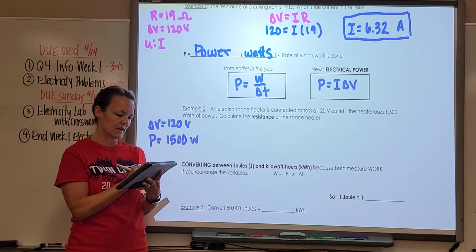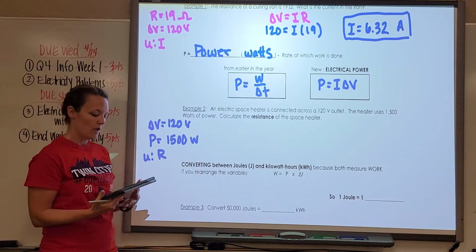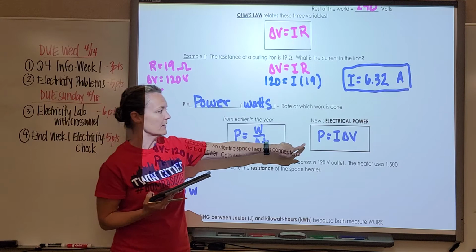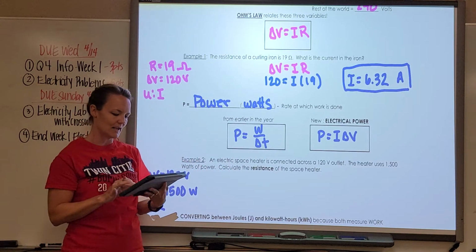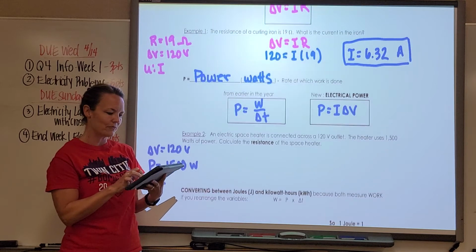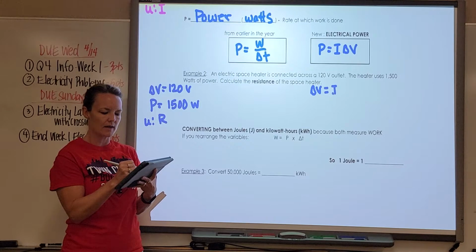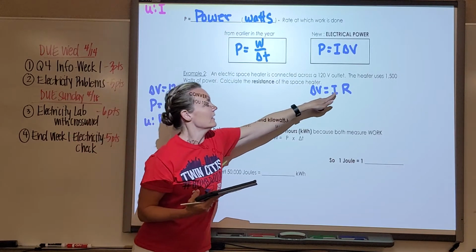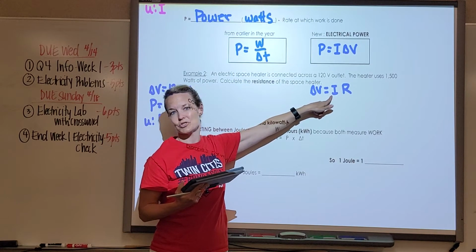Calculate the resistance. So my unknown is going to be the resistance. If I look at my 3 equations, I only have one equation that has resistance in it. So I am going to have to use the equation delta V equals I times R. In order to solve for R, I need delta V, which I have, and I need current, which I don't have.